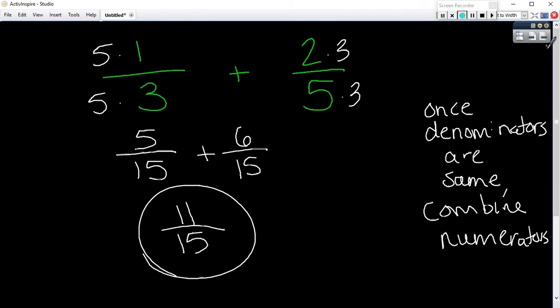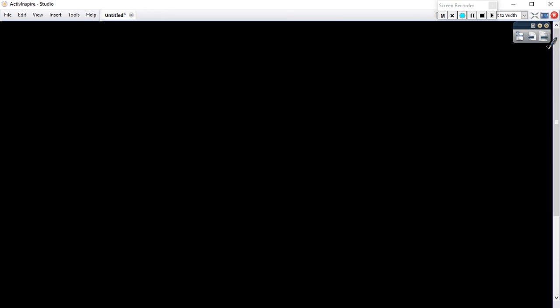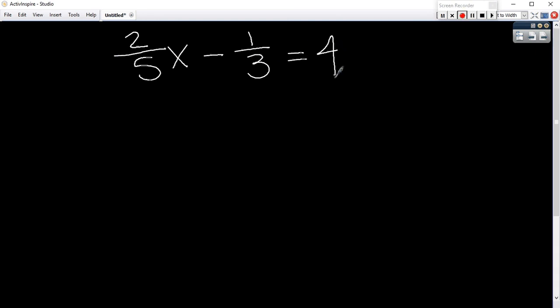Let's do this one. Same two-step equation. The difference now is I had some fractions thrown in here. I'm going to write my SAD map off on the side.